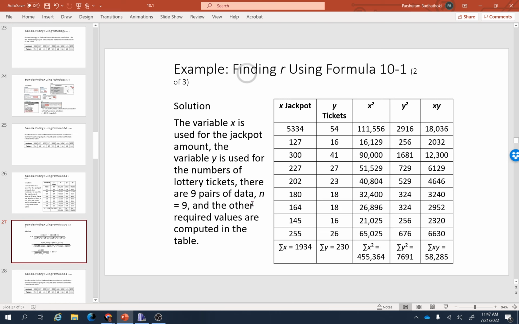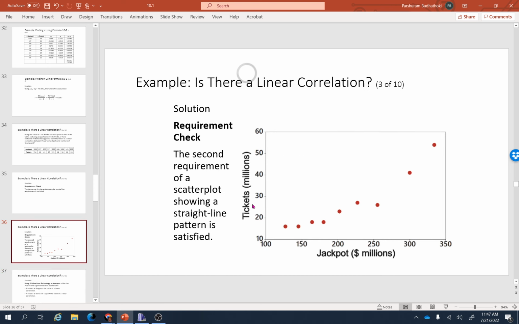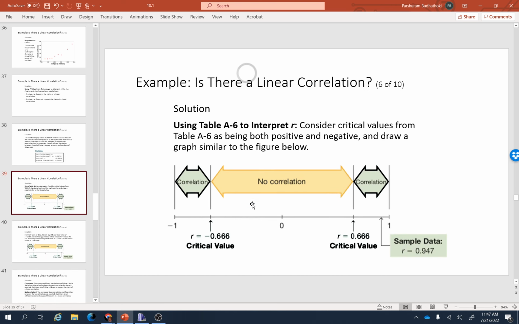And there is one more thing. This picture asks: is there a linear correlation? If your critical value from the table is, let's say, 0.5, then from negative 0.5 to positive 0.5 there is no correlation.